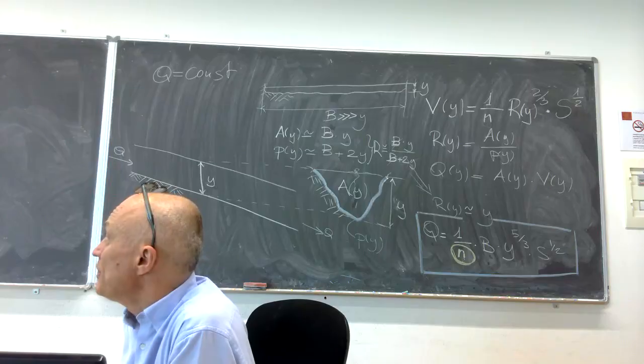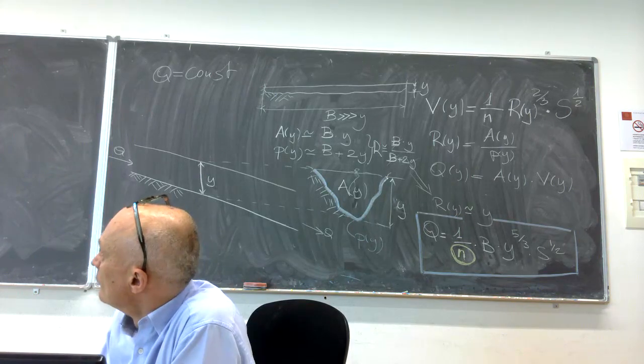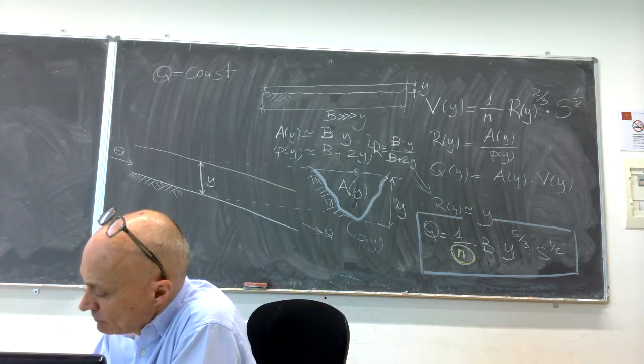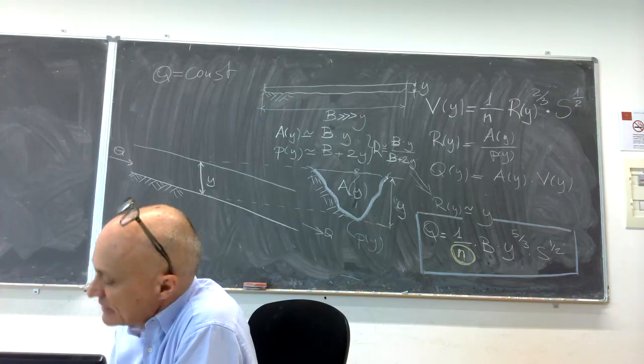Calibrating numerical hydraulic models, I've seen many times values around 0.05. The width could be 10 times larger or more. Let's do 400 meters.